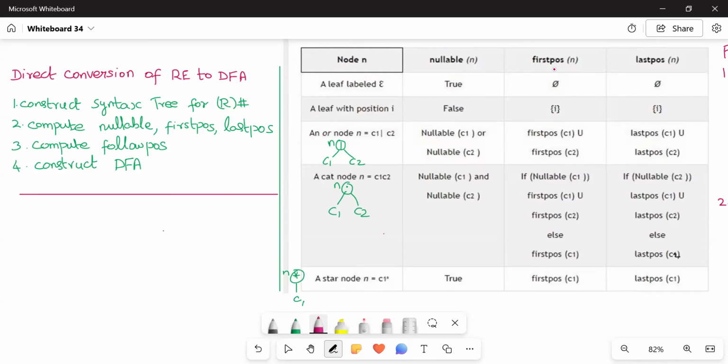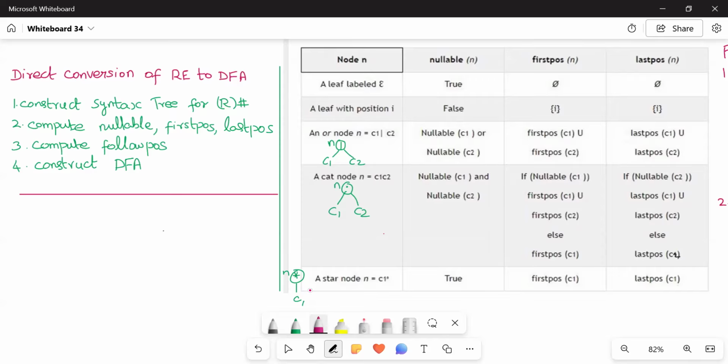Else, if nullable of C1 is false, meaning C1 is not nullable, then first position of n is first position of C1 alone.